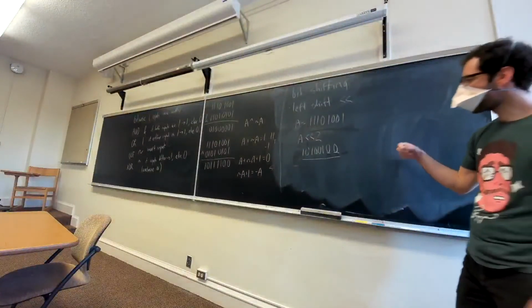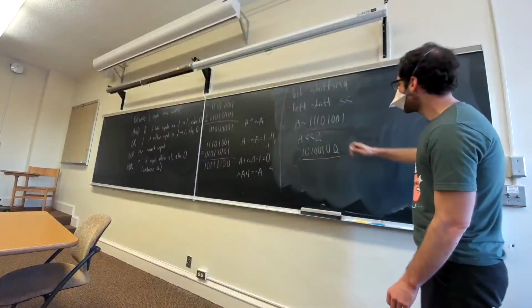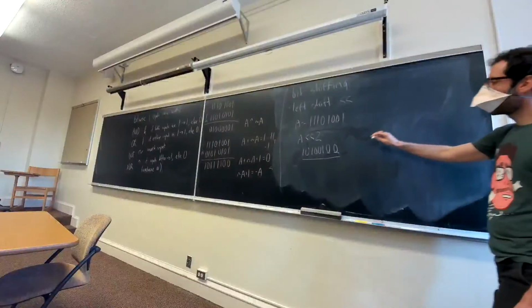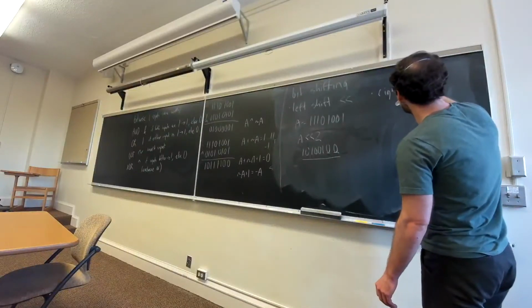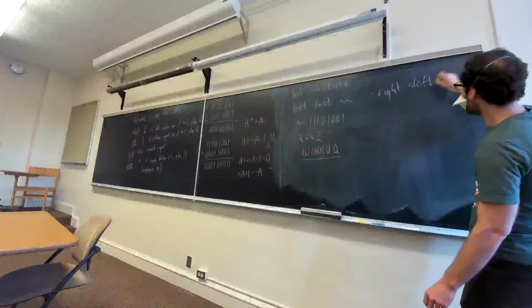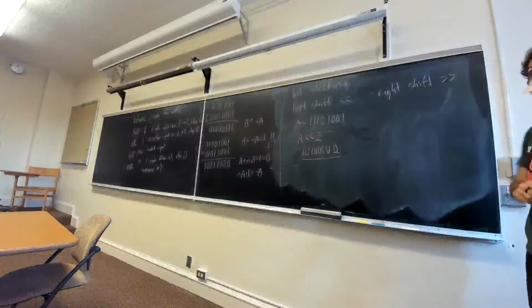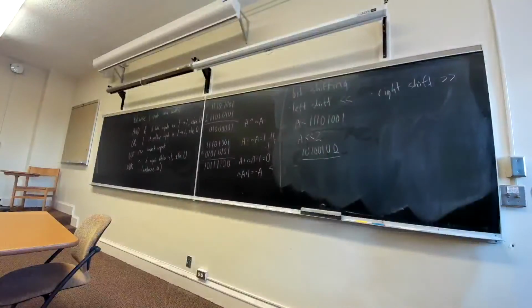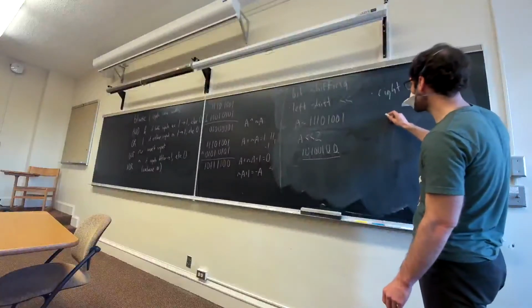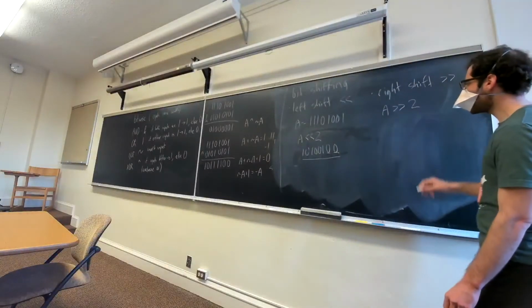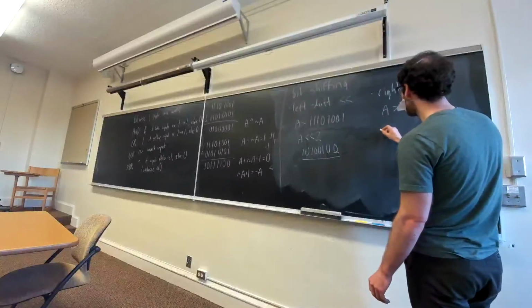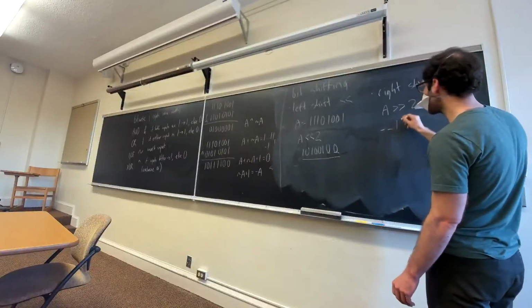We also have a corresponding right shift operator. Works very much the same way. A right shifted by 2, have 2 new places.